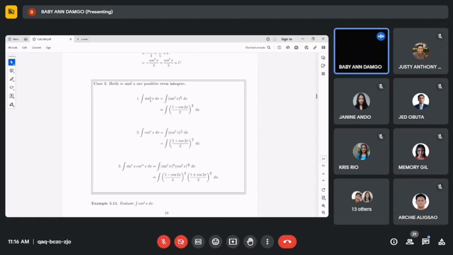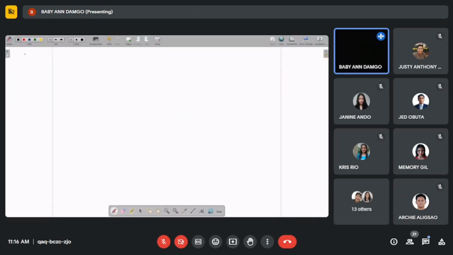Okay? So para masabtan, we have the integration of sine squared x dx. So from here, magamit ta sa case 3.